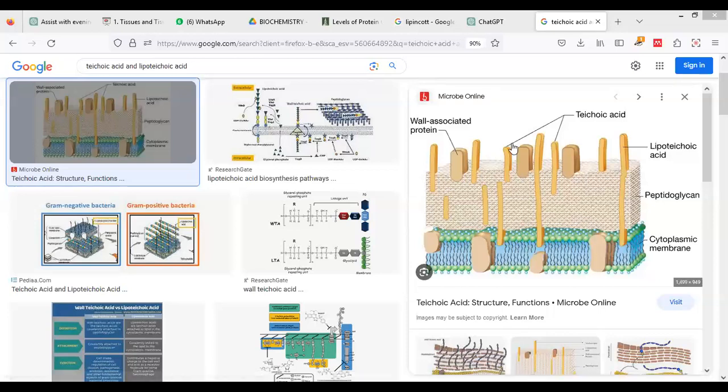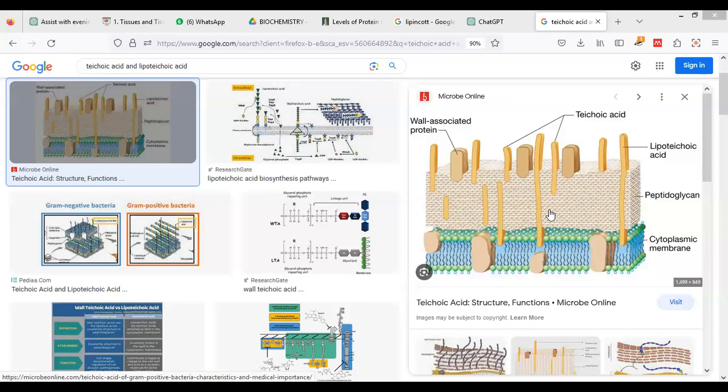Teichoic acid is anchored on the peptidoglycan layer, and lipoteichoic acid is anchored to the cytoplasmic phospholipid bilayer.